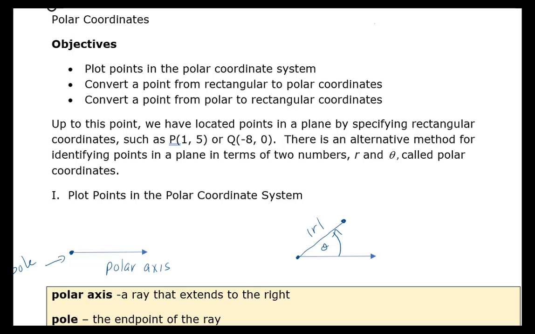Now, in this type of system, when r is positive, your point lies on the terminal side of theta. In this case, if r were positive, the point would be right here. If r were negative, then that point would lie on the opposite side of that ray. So the point would be over here somewhere.